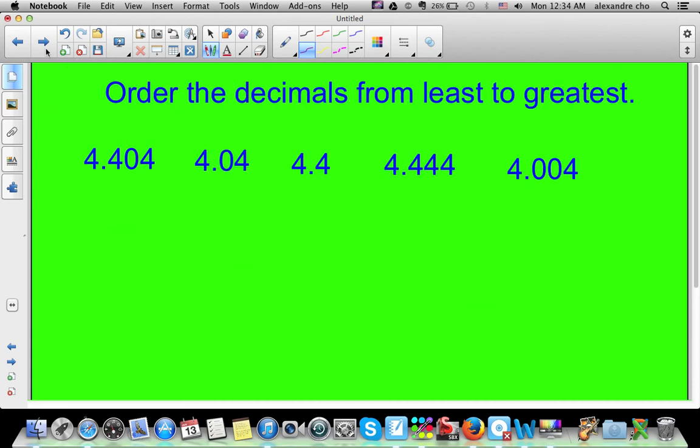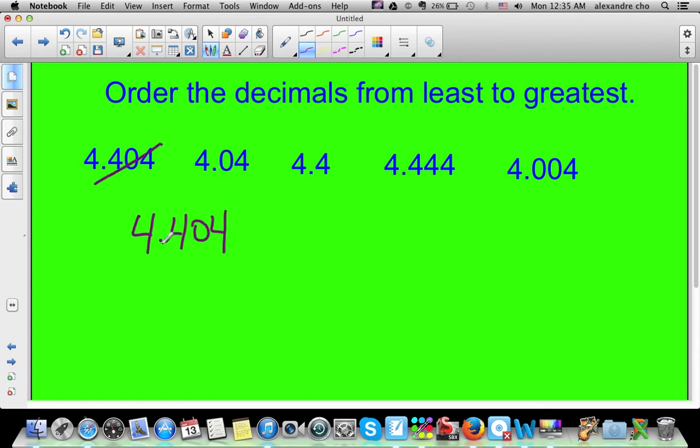Order these decimals from least to greatest, so take a couple of minutes to do this. Okay? Press pause, come back. Alright, so if that was me, what I would have done is put them under each other. 4.404.